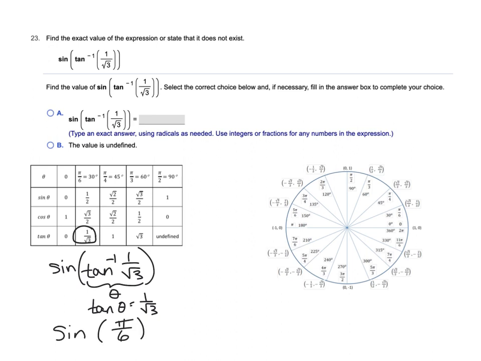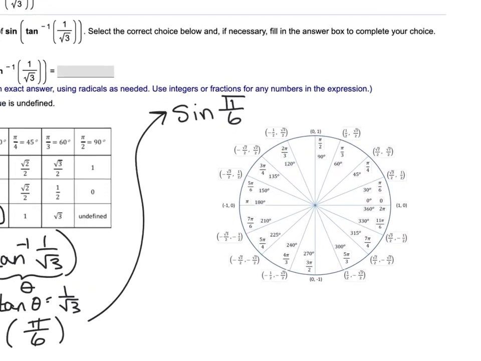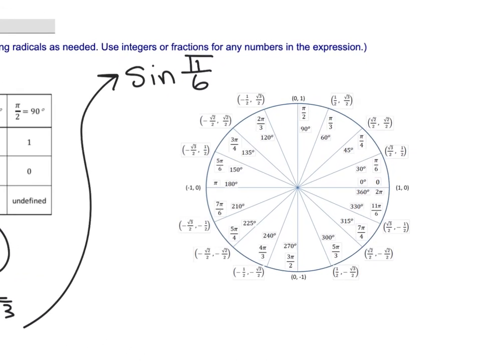Now we can find the sine. Okay? So find the sine of pi over 6. This is what we did back in a couple of previous sections, that we can just use the unit circle. I know that is very tiny, so let's see. I'm going to bring this up here and zoom in so we can see it. Okay, so we just need to find the sine of pi over 6.